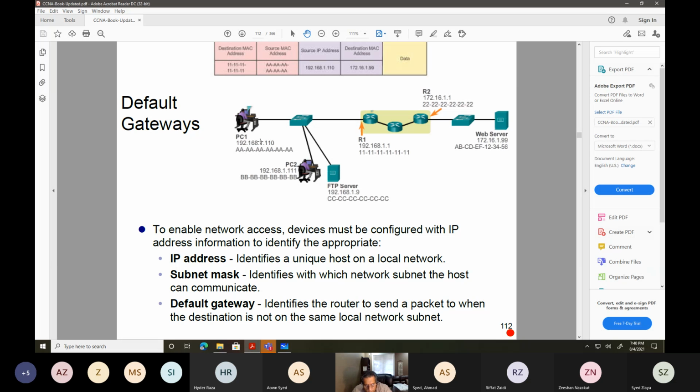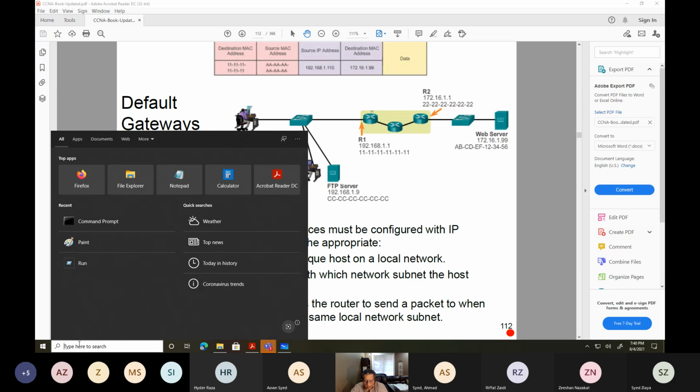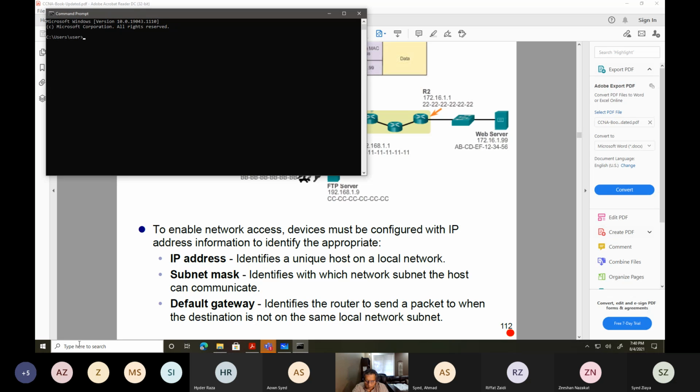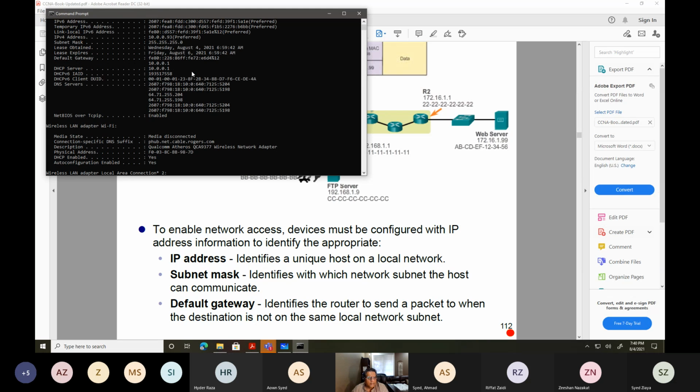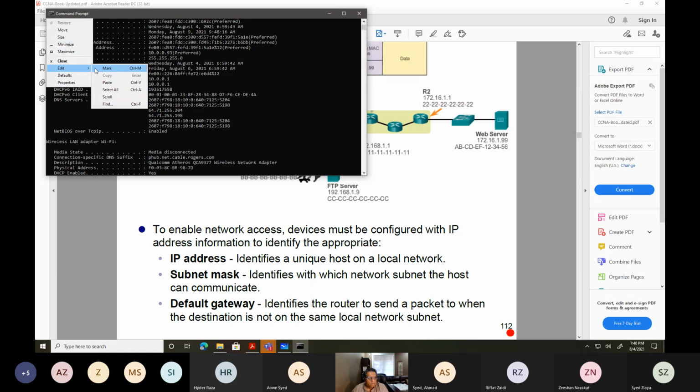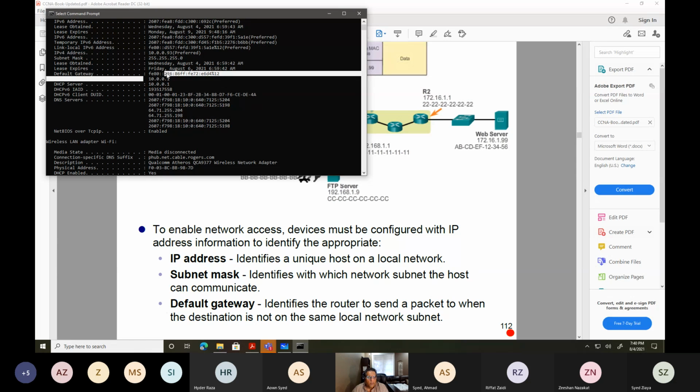In my example, what is my default gateway? My default gateway is this. This is my IP, and this is my default gateway, 10.0.0.0, because the box I have at home from Rogers is basically my default gateway.